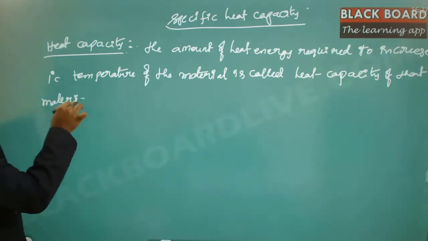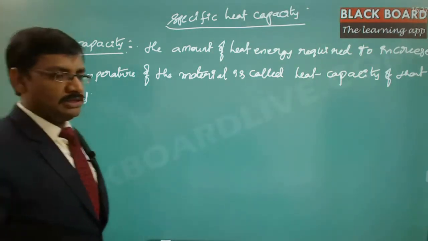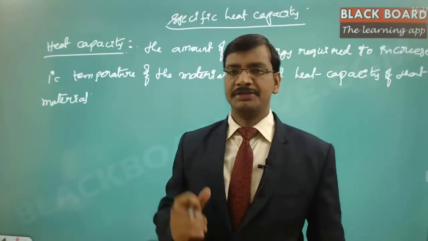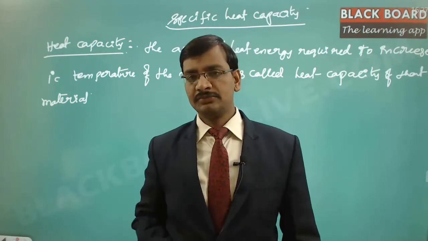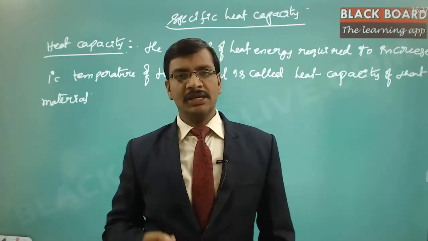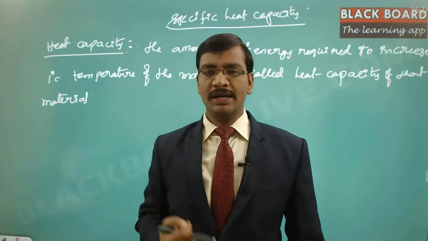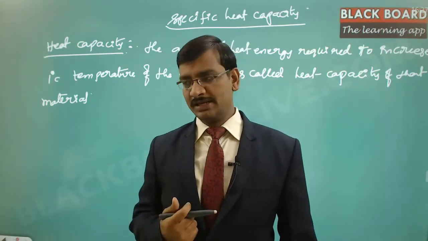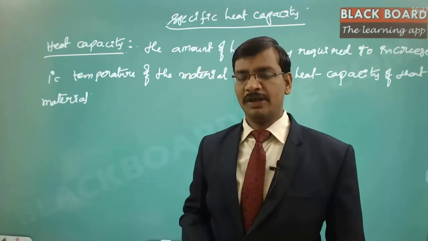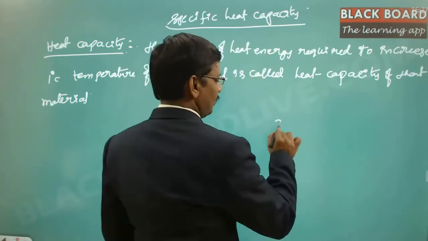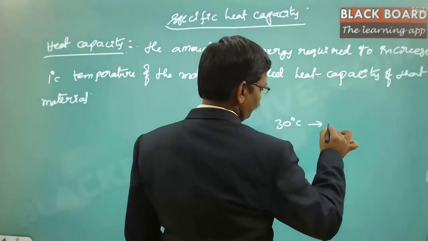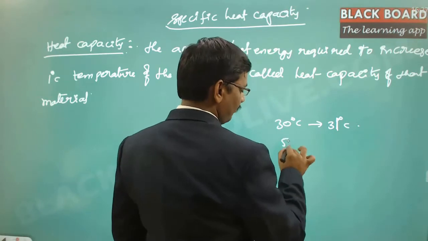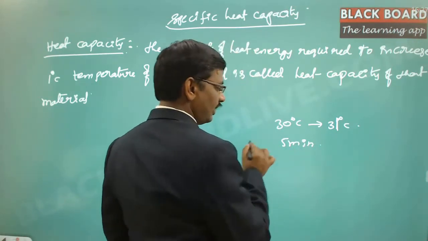Now, the meaning of this is, suppose I have taken water. I kept the water bowl on the stove and tried putting heat. If I take 1 liter of water, let us say, to raise the temperature from 30 degrees centigrade to 31 degrees centigrade, it took a time of, let us say, 5 minutes, and I have given a constant heat.